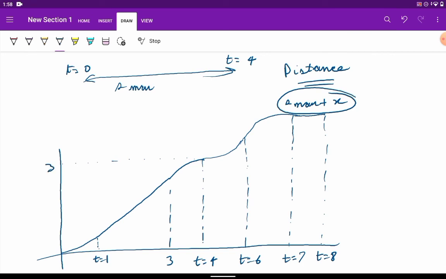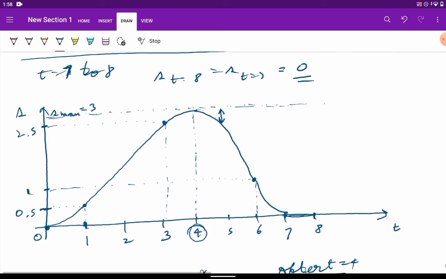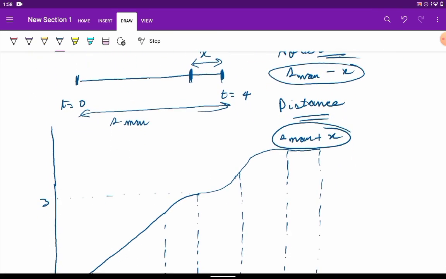And obviously since it comes back, this point over here will be 6, because it covers a distance of 2 S max. Pretty simple.